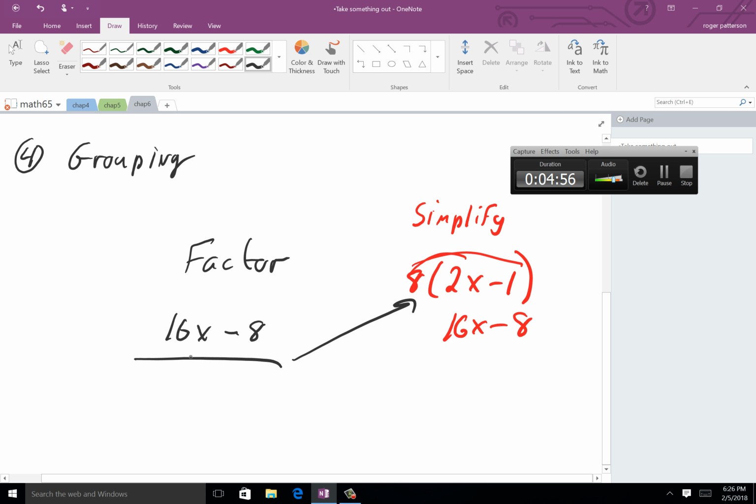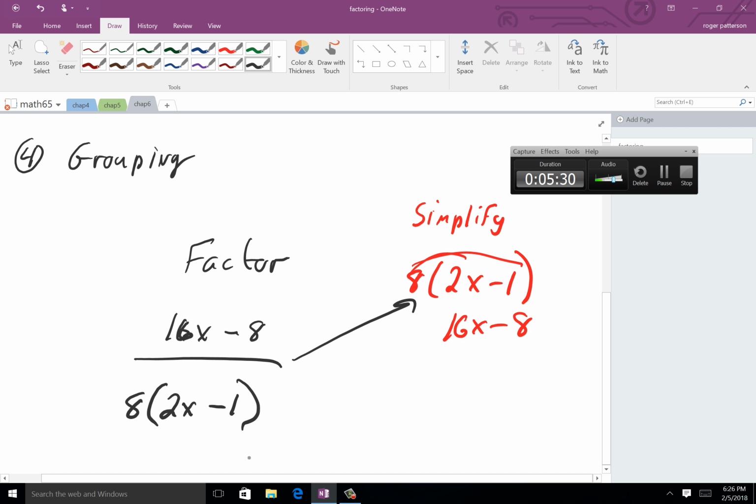So we want to ask ourselves, what can we take out of these two things? In other words, what goes into these things and divides into them evenly? So what goes into 16 and 8 evenly? 8 does. Now, I know 4 does too, but we want to make it the highest number that we can take out of there. So we're going to put an 8 out front, and now we'll actually divide it. 8 goes into 16 gives me a 2. 8 goes into 8 once, and that's factoring it.